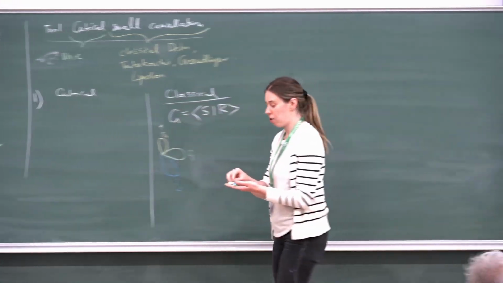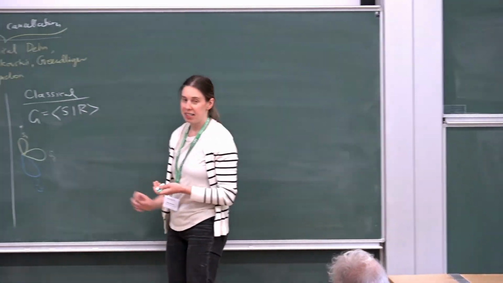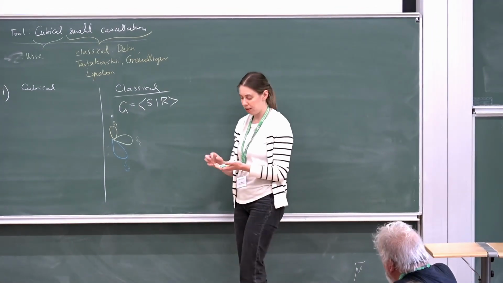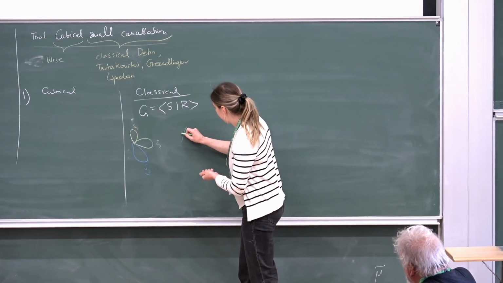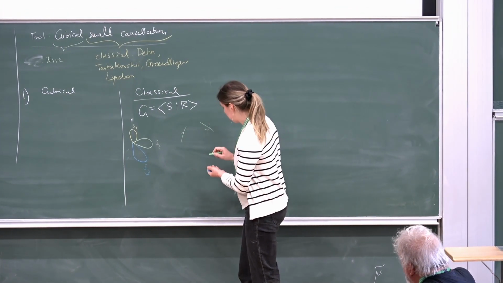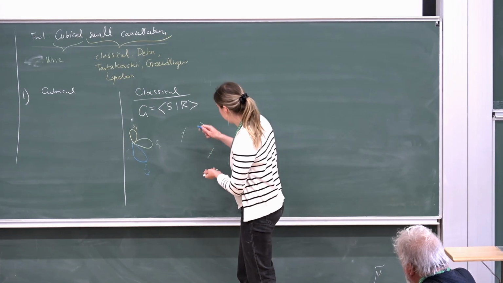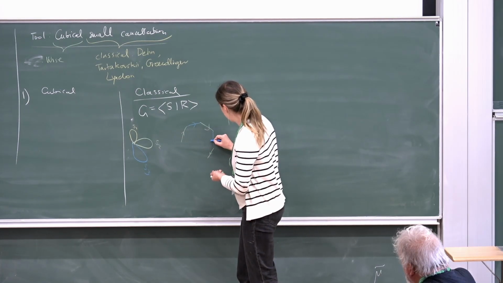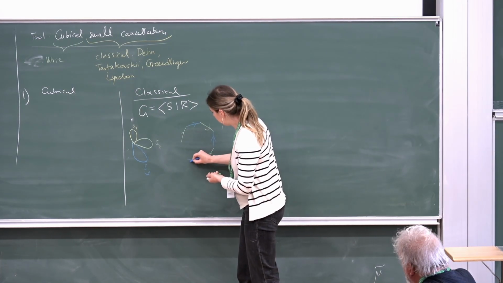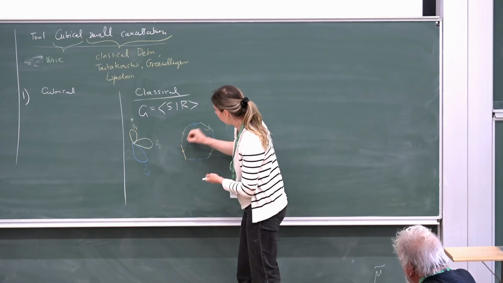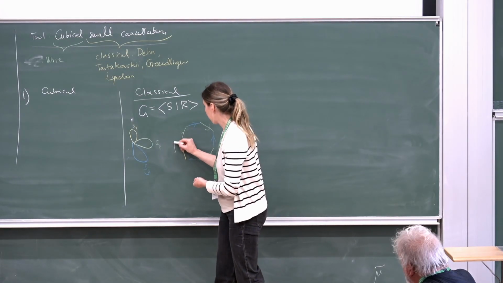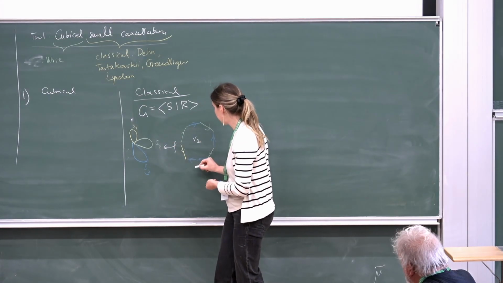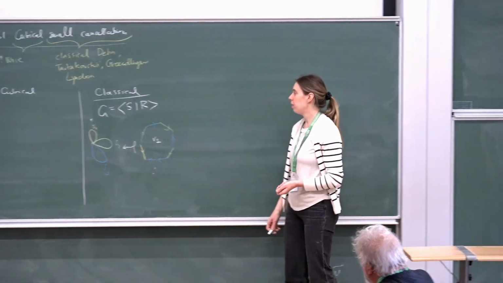And we think of relators as disks whose boundaries map to the wedge of circles. So maybe it looks like this. And of course, we can have more relators.